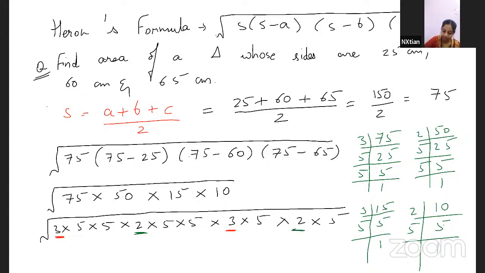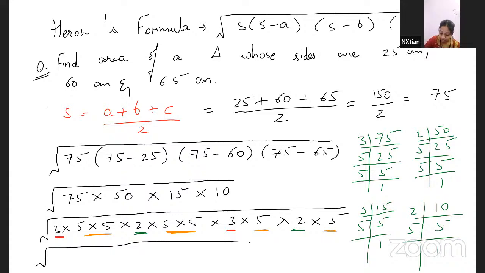Then what else do we have? 5, 5 here and 5, 5 here, and 5 and 5 here. So we have 3 pairs of 5, 1 pair of 2 and 1 pair of 3. So we will take one out of each pair. Look how.